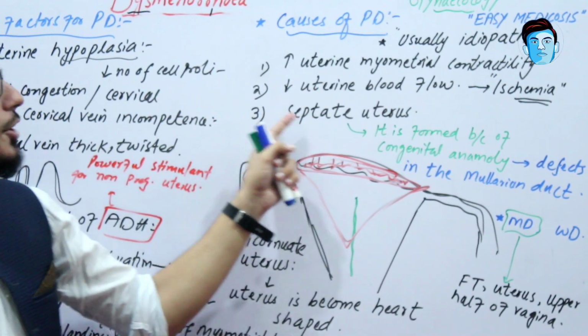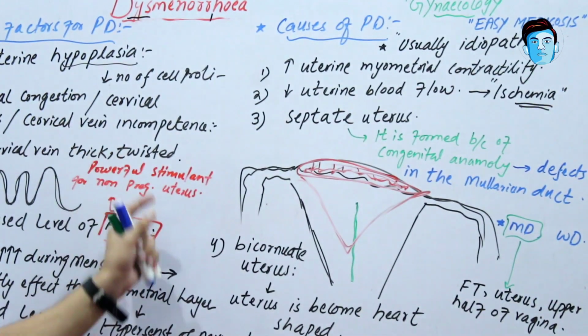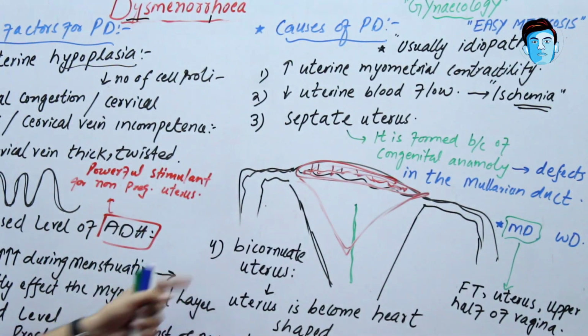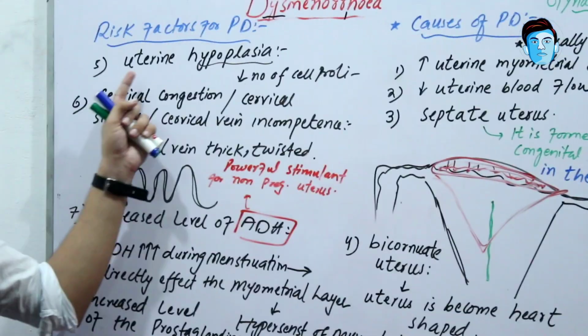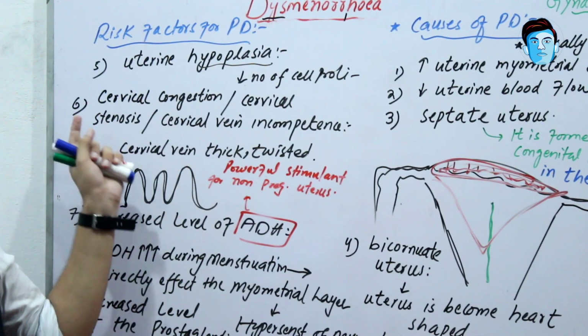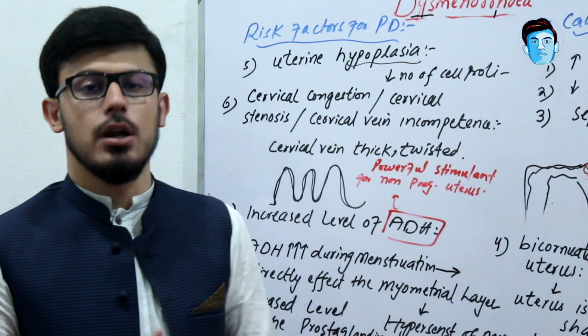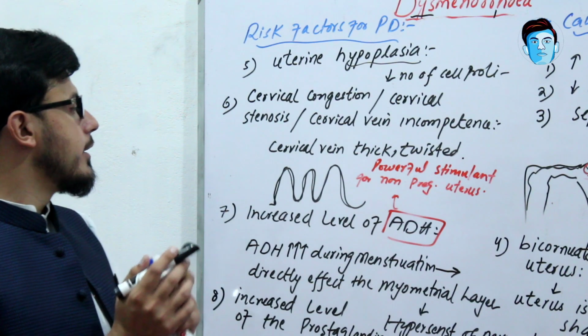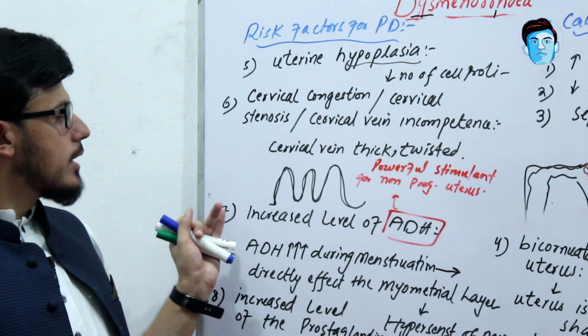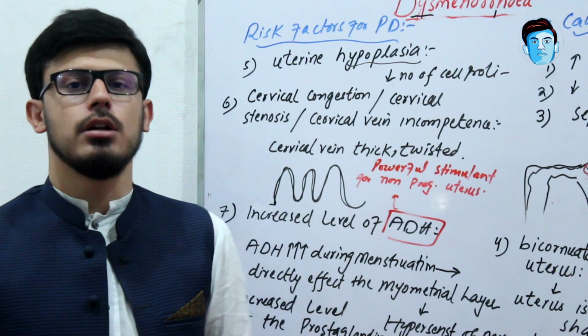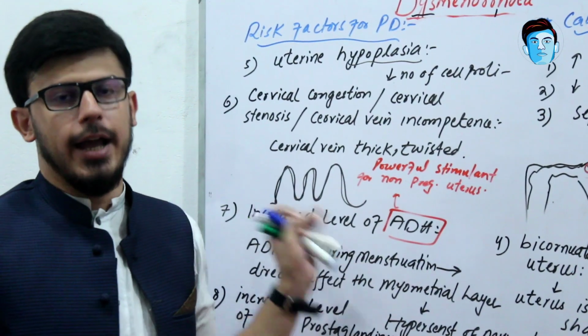The third is septate uterus, the fourth is bicornuate uterus, and the fifth is uterine hyperplasia. The sixth is cervical congestion, also called cervical stenosis or cervical vein incompetence, and the other causes are increased level of ADH, increased level of prostaglandins, and anxiety.